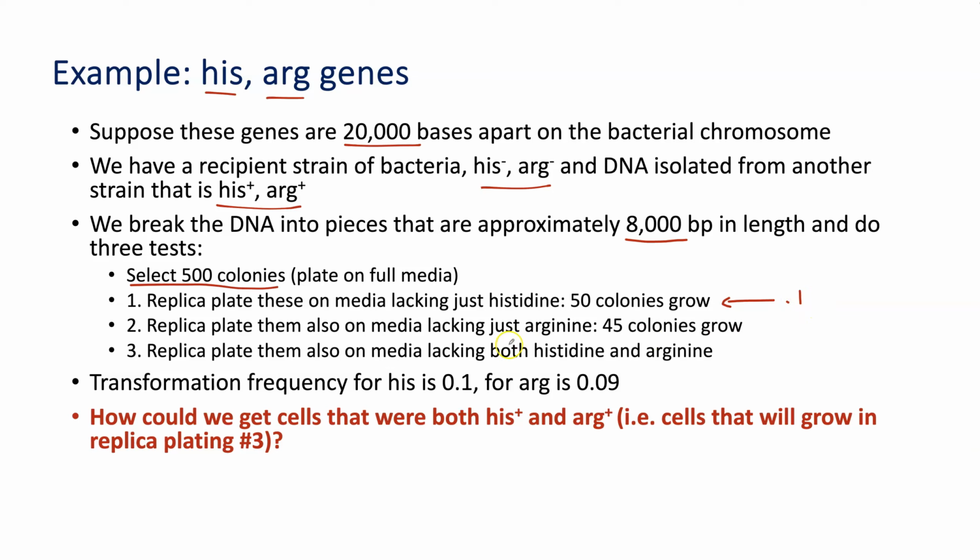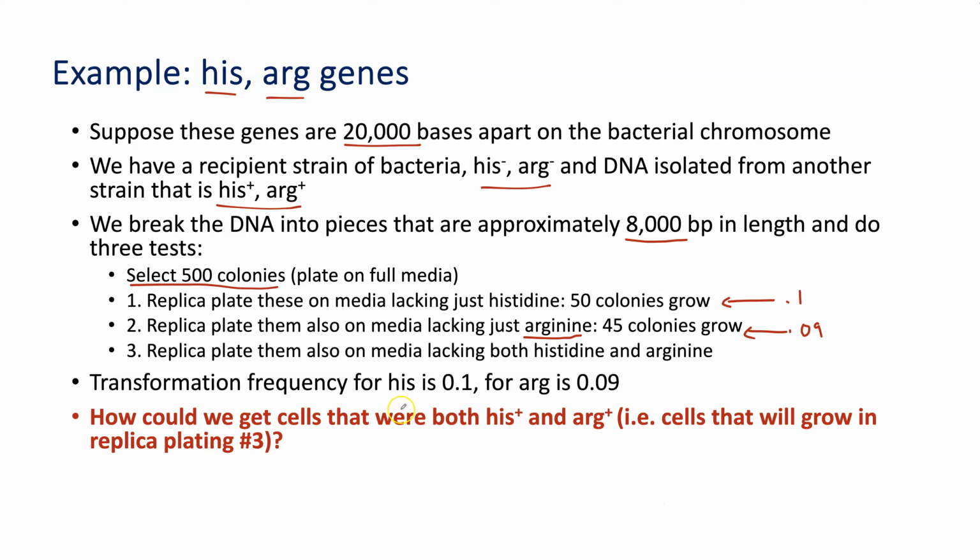It's 0.1 transformation efficiency. And then suppose you do the same, you replica plate them on media that's lacking arginine, 45 colonies, so that's 0.09. So the frequency of one gene being taken up is about 0.1, and then the frequency of the other gene taken up is 0.09.